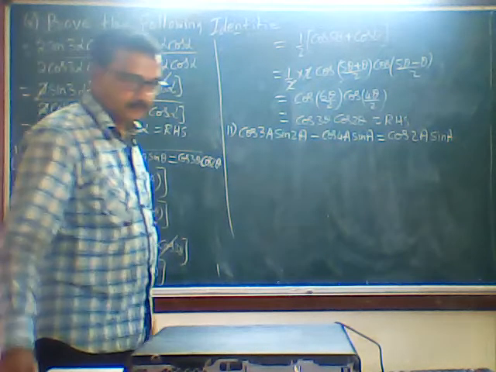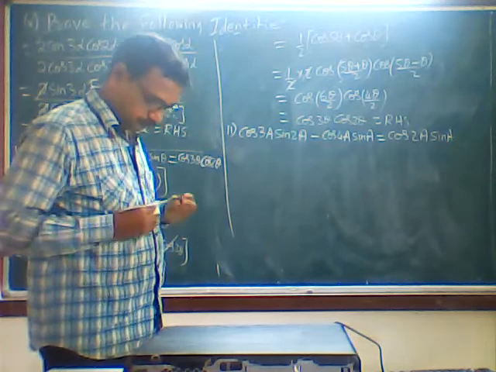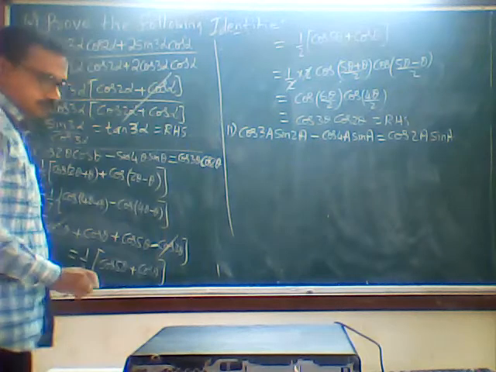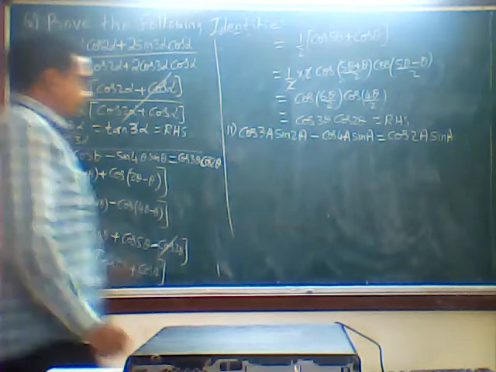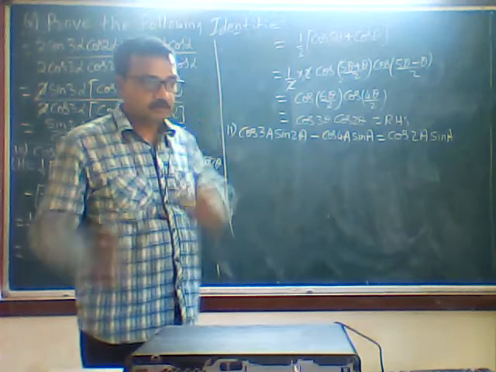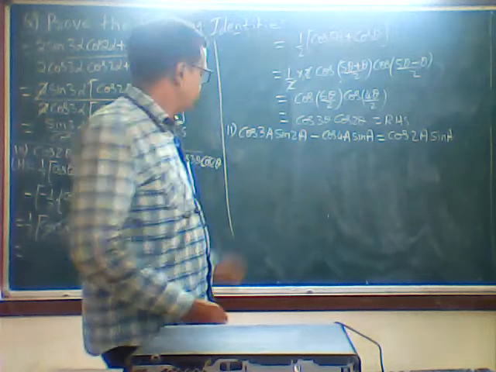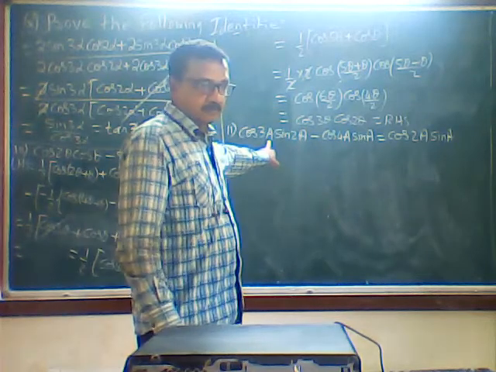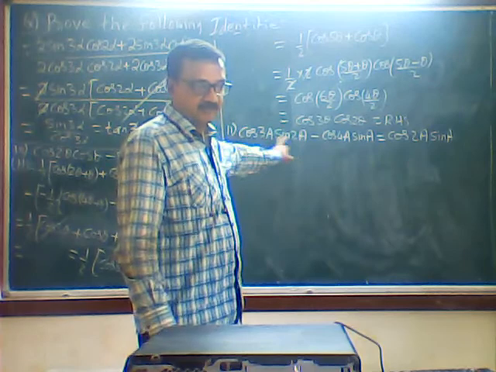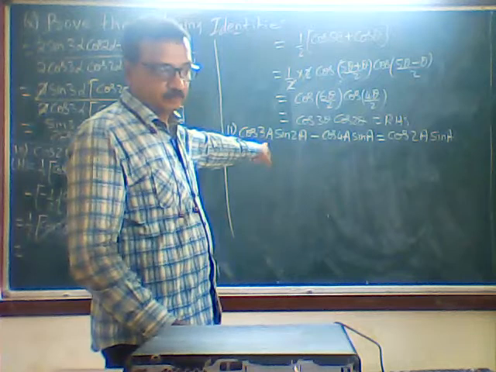Okay, next problem we will do. cos 3a sin 2a minus cos 4a sin a is equal to cos 2a sin a. Now this is the cos A sin B formula. cos A sin B means what?